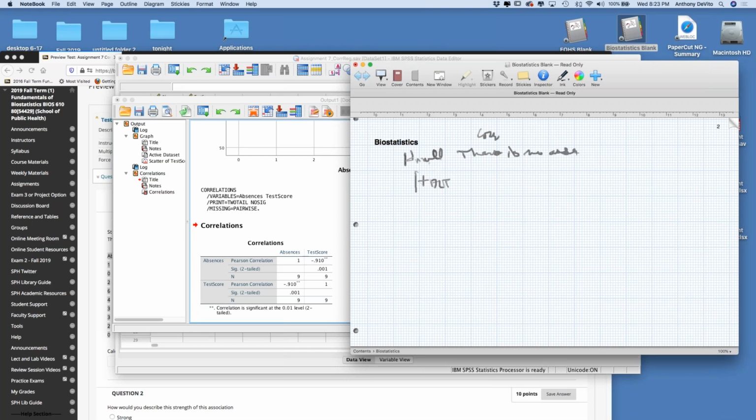Remember, it's null, so it's basically no association between absences and test scores. And my alternative hypothesis is that if I can reject that, I'm going to say there is an association.